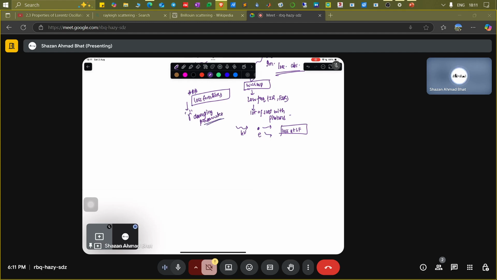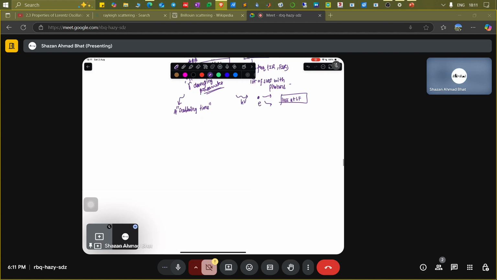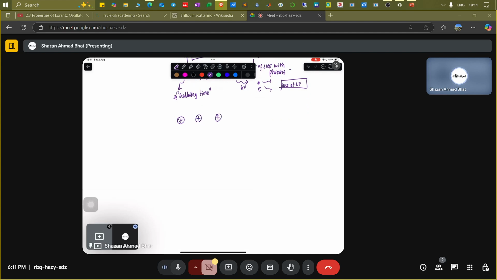Now, what does this gamma represent? This gamma represents the scattering rate. If you go on solving these equations in a real problem, this gamma represents the scattering rate. For example, if you have atoms, nuclei like this, electrons here, and an incoming electromagnetic wave, this is a photon, it gives energy to the electron.